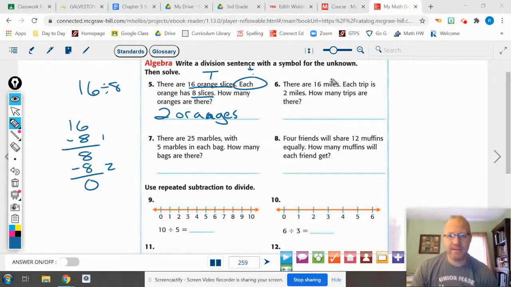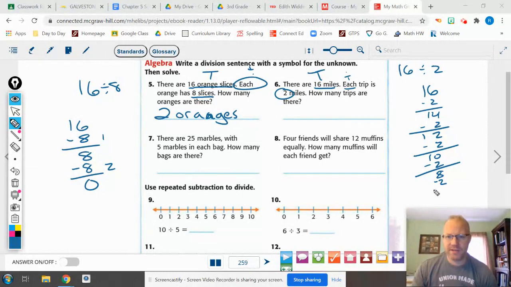Now we have 16 miles. Each trip tells us to divide because we have a total, and we're dividing by 2. So 16 divided by 2. Start with 16 minus 2, 14 minus 2, 12 minus 2, 10 minus 2, 8 minus 2, 6 minus 2, 4 minus 2, 2 minus 2, and that brings us to 0.